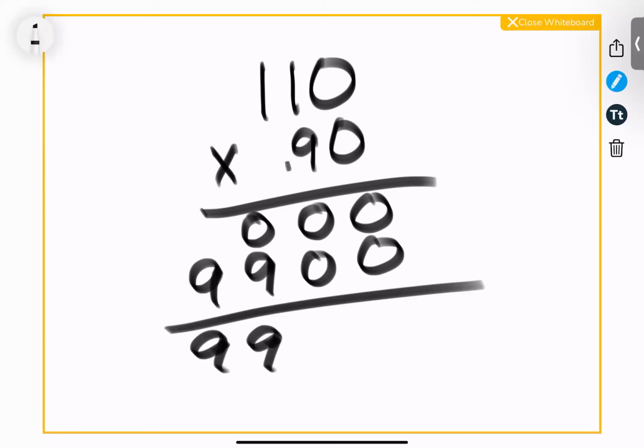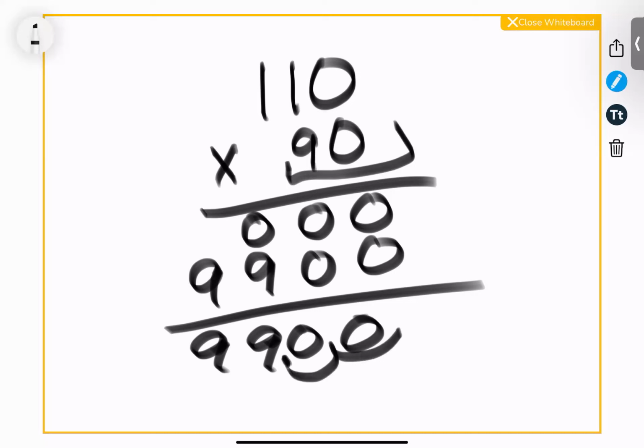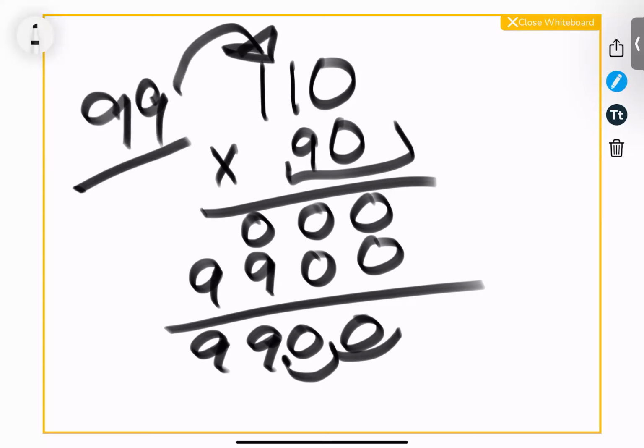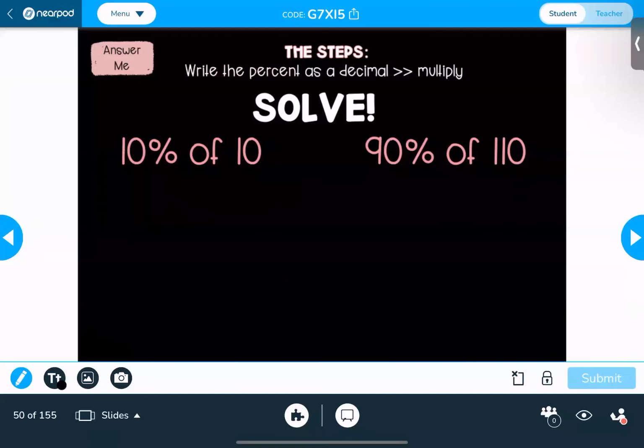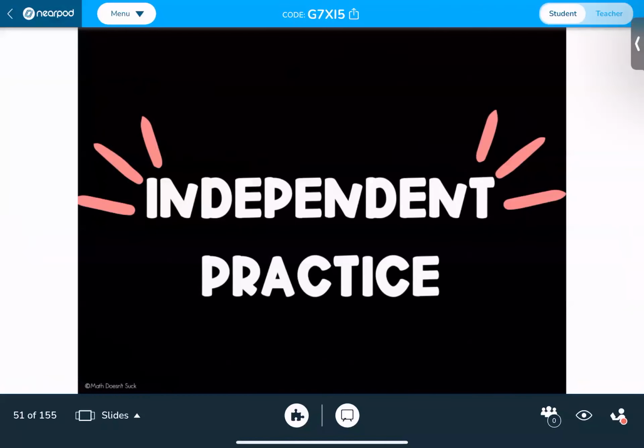Add it up. 2 decimals, 2 decimals. 110, 90% would be 99. This makes sense. These values are pretty close. So when I ask myself, does this make sense? Absolutely. All right, new set.